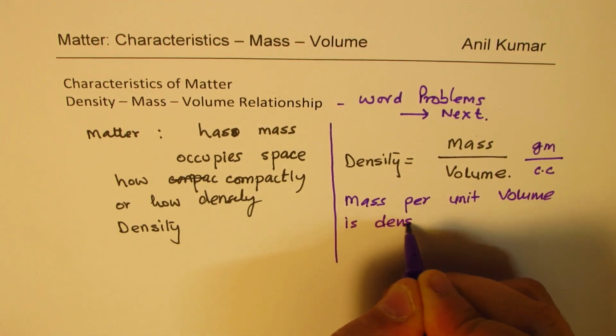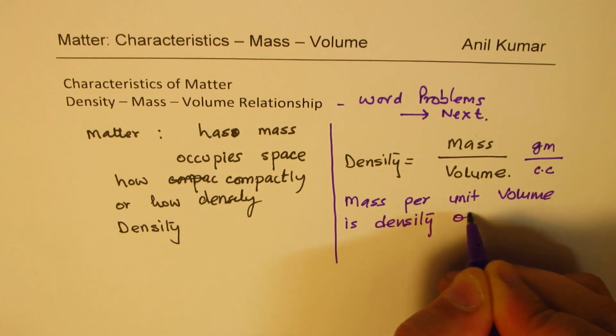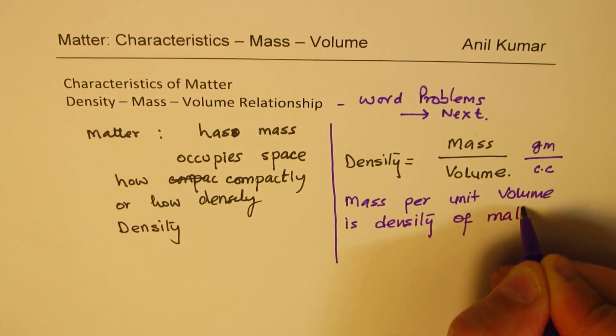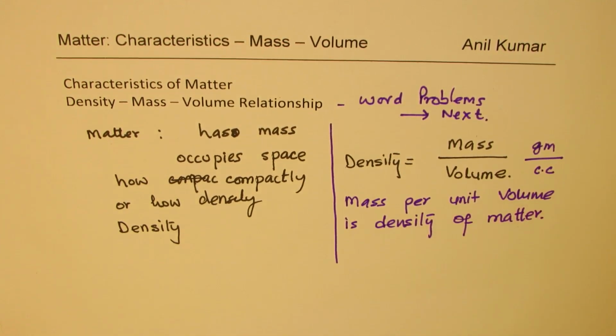It is the density of matter. It is a physical property, right? Mass, volume, density. All three are physical properties. And we'll further explore in our series how to calculate density in different situations, right?